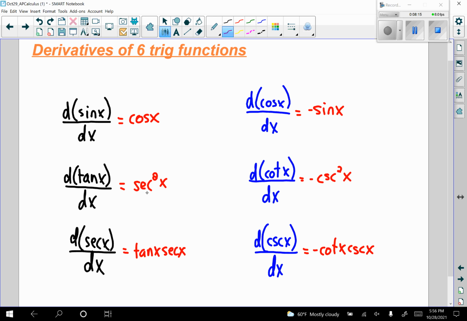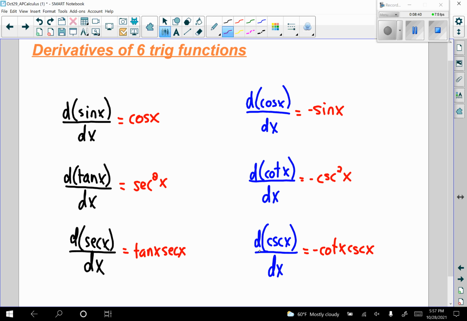Derivative of tangent turns out to be secant squared x, and this is similar. Derivative of cotangent involves a cosecant squared x, but it's negative. So secant squared x and negative cosecant squared x are those derivatives there. The last two, notice how they're 2 parts. There are 2 trig functions in their derivatives. So derivative of secant is, and we could write this as secant x tangent x or tangent x secant x.